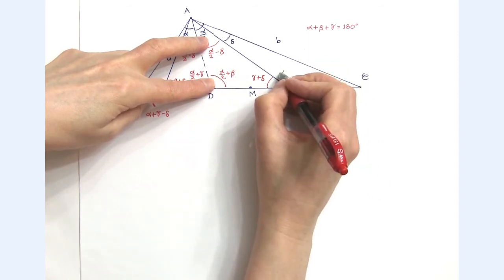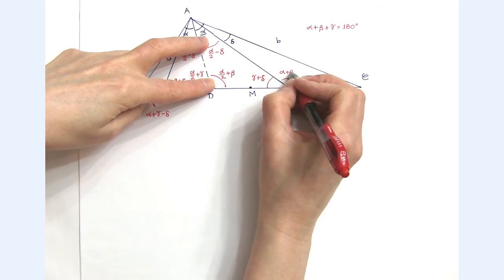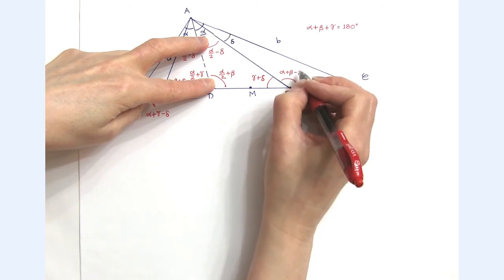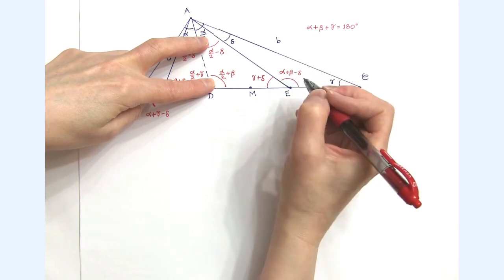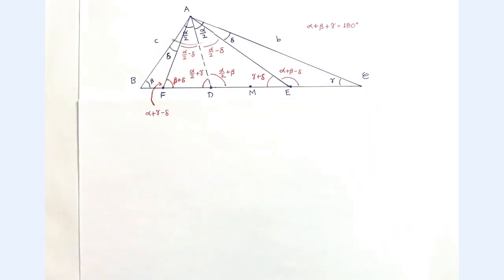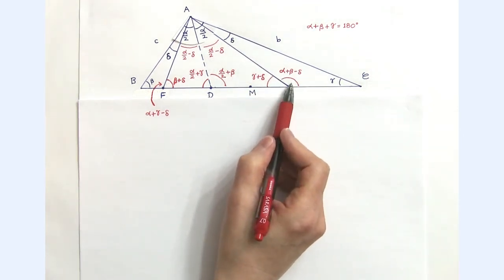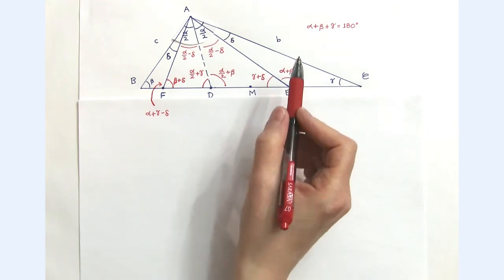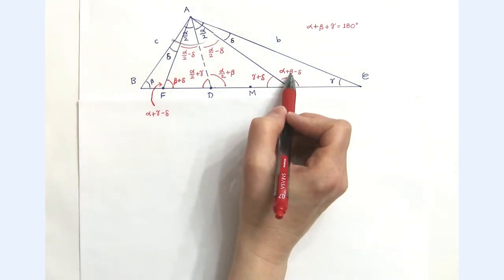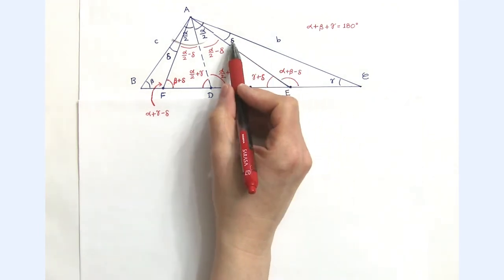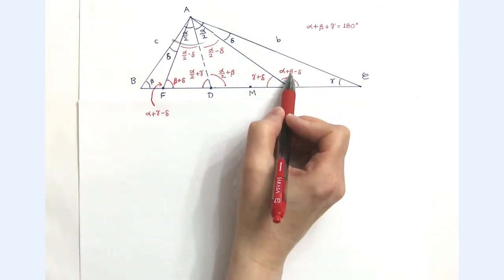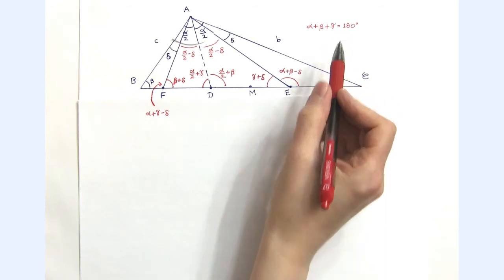So I know that this angle is alpha plus beta minus delta. And that makes sense because these three angles need to add up to 180, and they do because I have alpha plus beta minus delta plus delta, which is 0. So I have alpha plus beta plus gamma, which is 180.